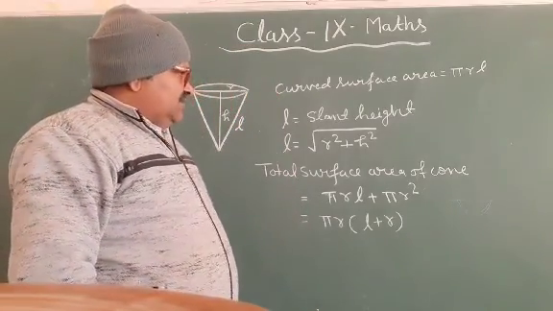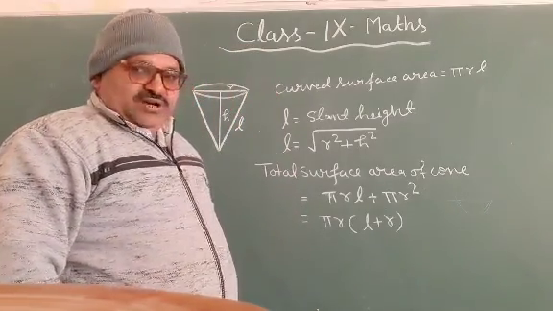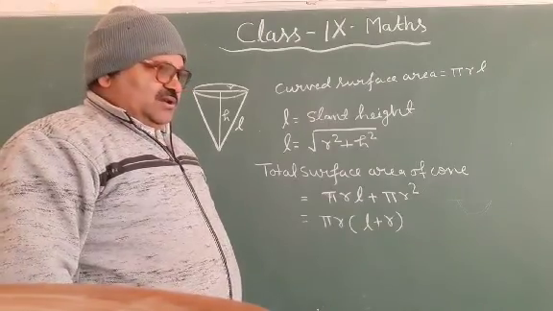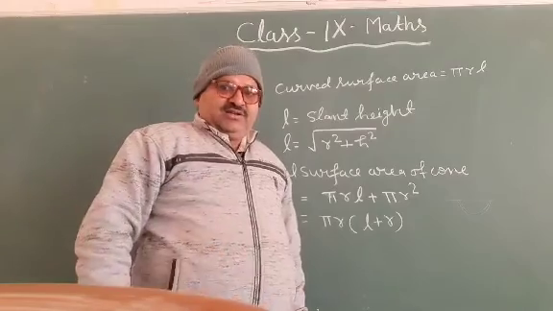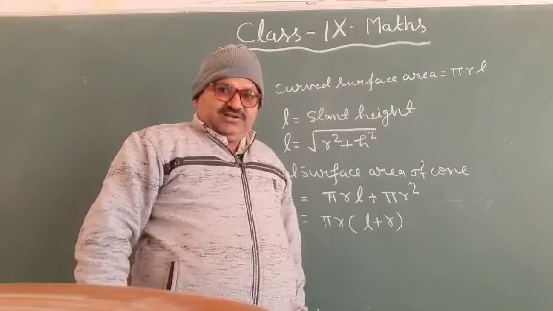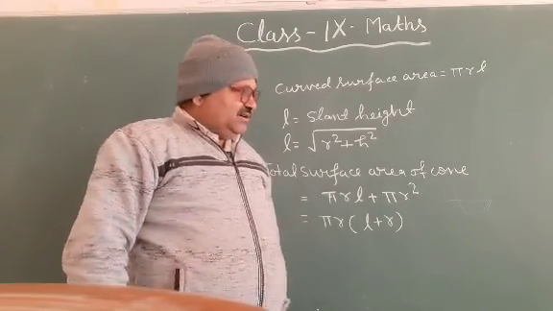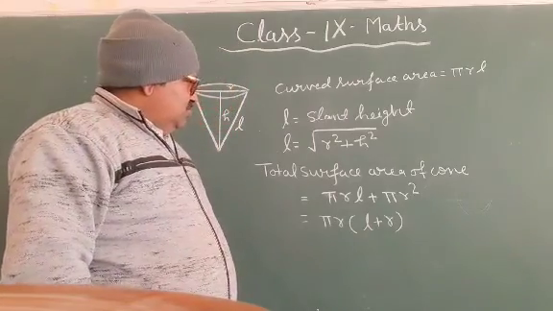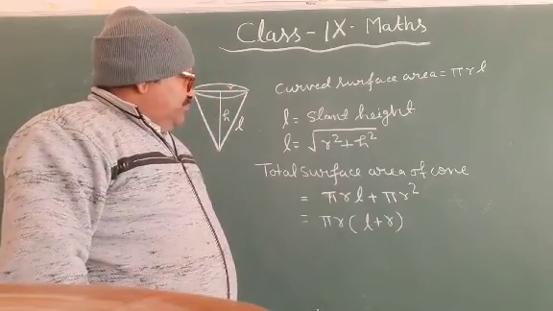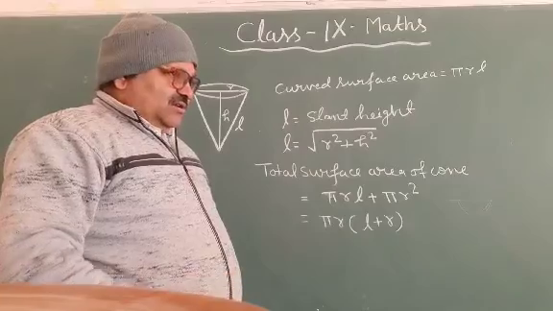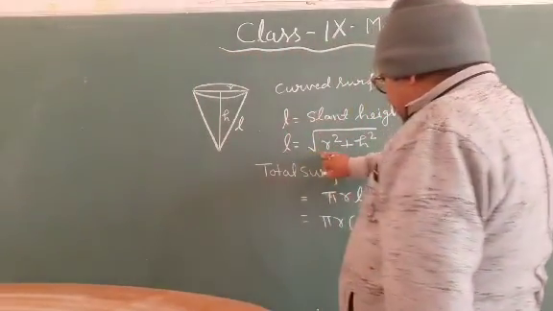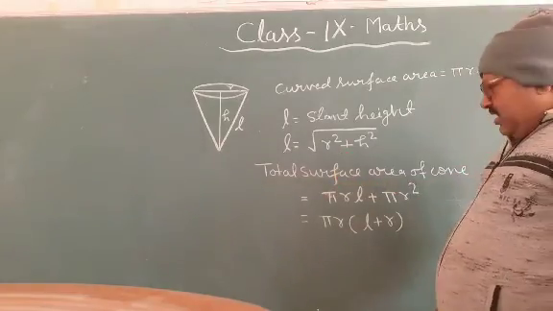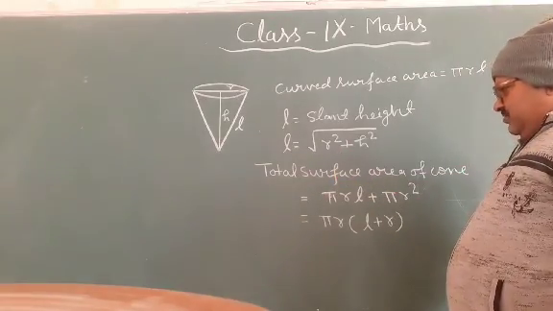The curved surface area includes the pi r l. r is the radius, and l is the slant height. So we find the value of l. l is the slant height, and l is equal to under root r square plus h square.